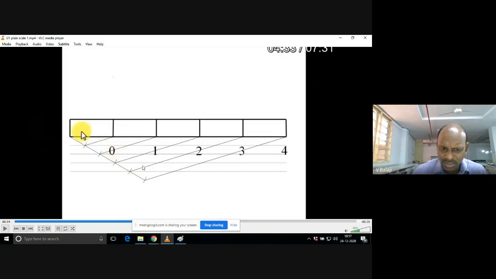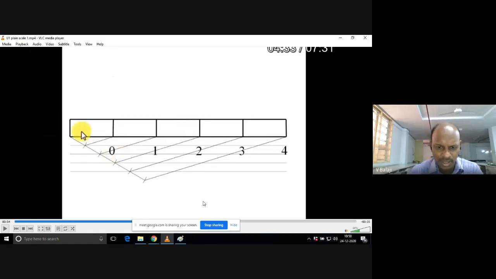Below this, I have drawn many horizontal lines for writing decimeters, RF factor, and centimeters. I will tell you later why I have drawn all these horizontal lines here. The number system is important. Don't start your numbering 0 here. Leave one part, then give the numbers 0, 1, 2, 3, 4.